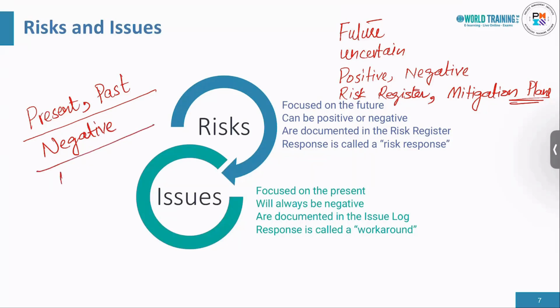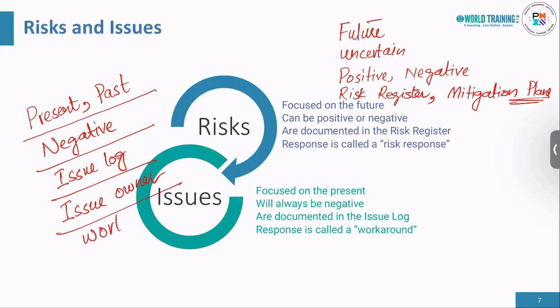We document them in the issue log, and the person responsible for managing issues is called the issue owner. And we plan a workaround in order to respond to issues.